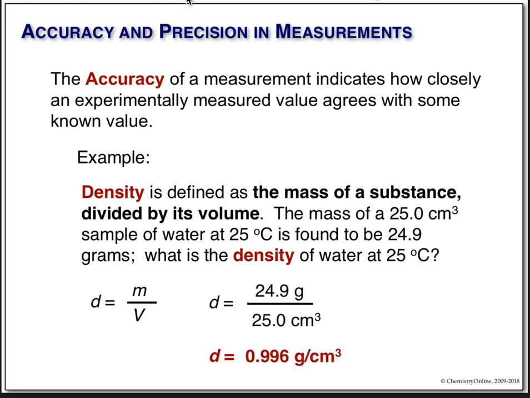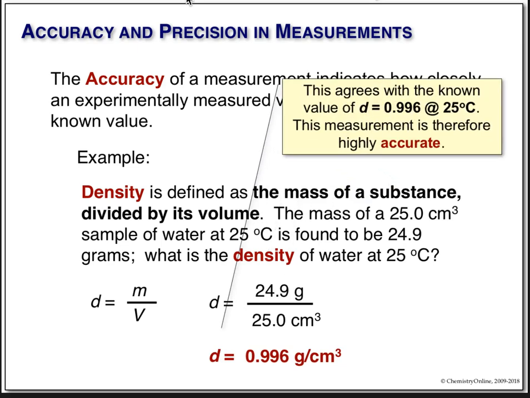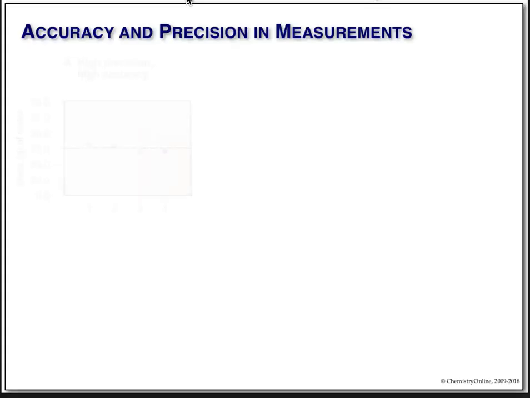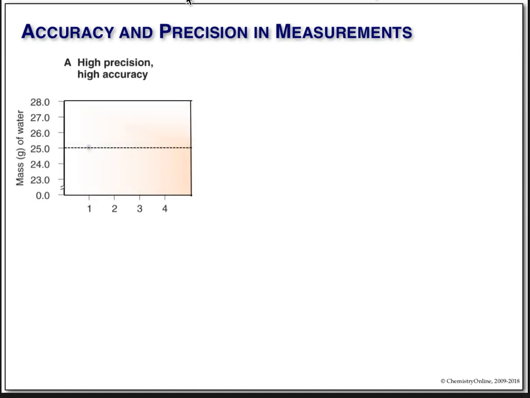Do this, we get 0.996. If you look it up, the density of water at room temperature, that's about 25 degrees, is 0.996. So this is a very accurate measure. Now, if we repeated this many times, and we got basically the same number each time, we would have both high precision and high accuracy.